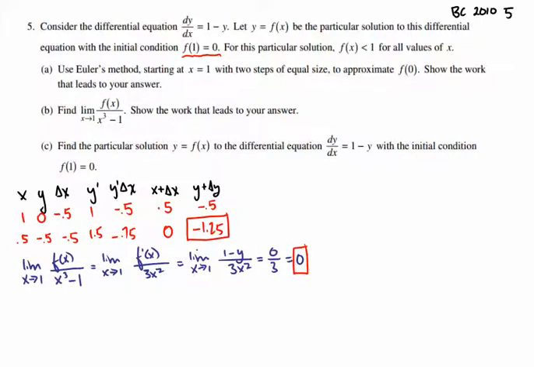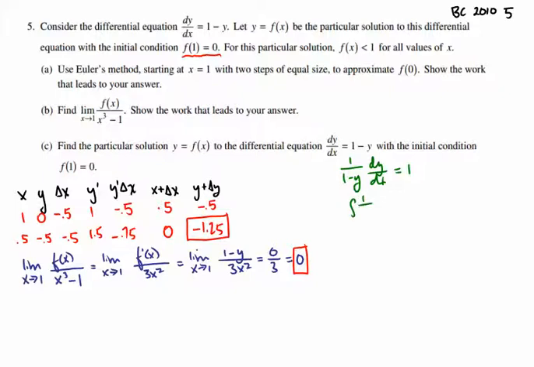Now in part C, we want to find the particular solution to the differential equation dy/dx is equal to 1 minus y. We're going to use separation of variables here. So we get 1 over 1 minus y times dy/dx is equal to 1. Integrate both sides with respect to x. The dx's cancel.